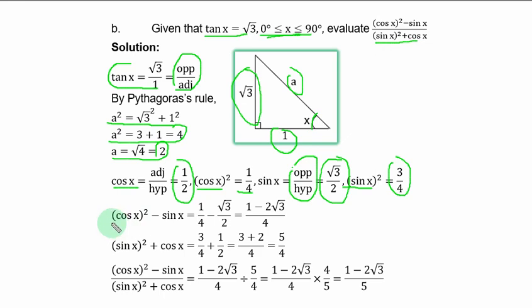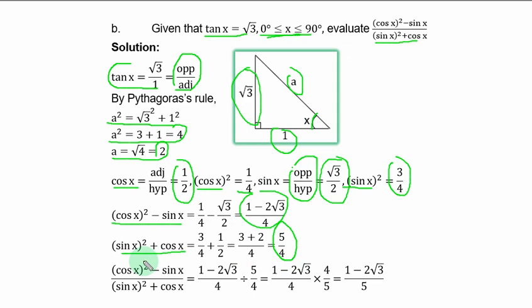Let's compute the numerator. 1 over 4 minus root 3 over 2. The LCM is 4. If you simplify, you get this result. Let's get the denominator. Denominator is 3 over 4 plus 1 over 2. The LCM is 4. If you simplify, you get 5 over 4. Now let's evaluate numerator over denominator.